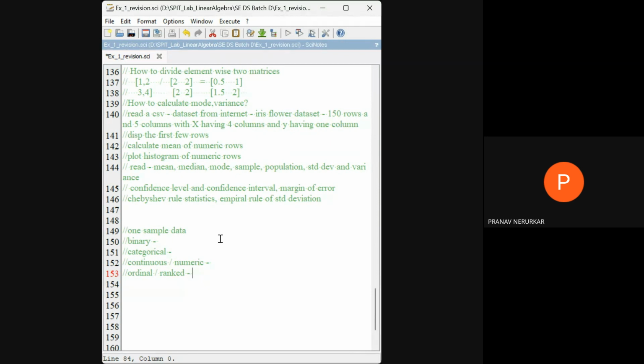In this mathematics, since Scilab is a useful mathematical tool where data structures like matrices and vectors are available, we can apply such statistical tests on data. So we see one test which is known as binomial test.